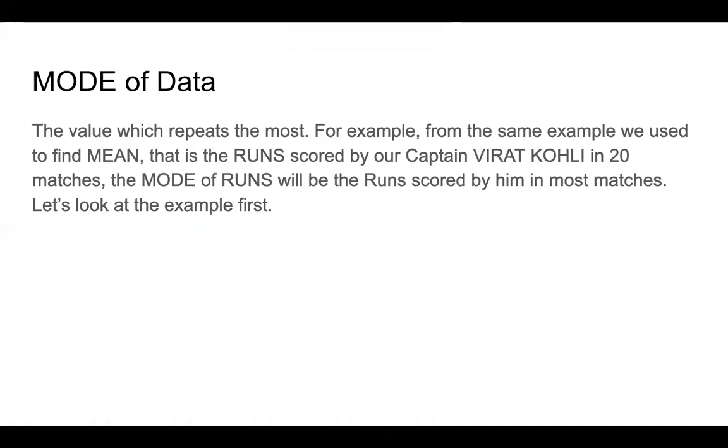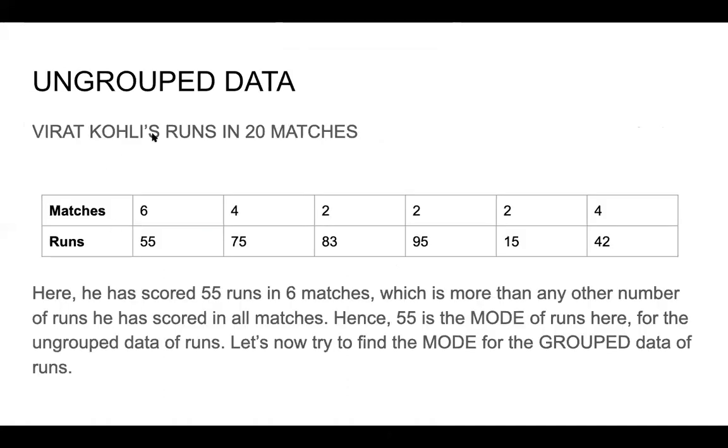Let us look at the first example again. Virat Kohli scored 55 runs in 6 matches, 75 runs in 4 matches, 83 in 2 matches, 95 runs in 2 matches. In 2 matches he got out early, so he scored 15 runs in 2 matches, and 42 runs in 4 matches.